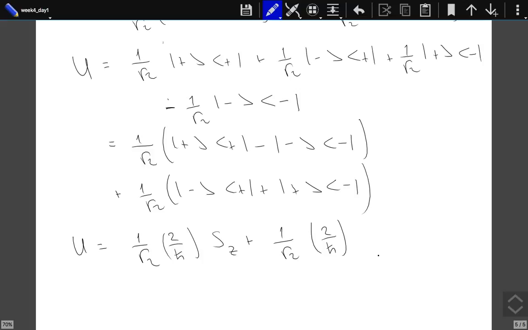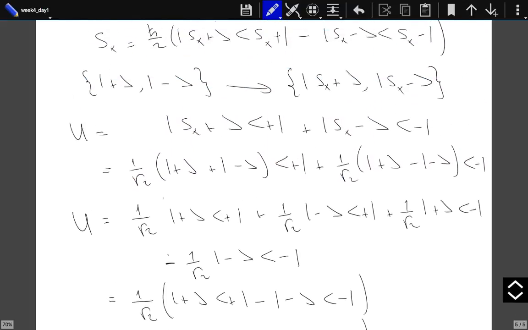Do you recognize the second line? No, just Sx. So this is our operator U.